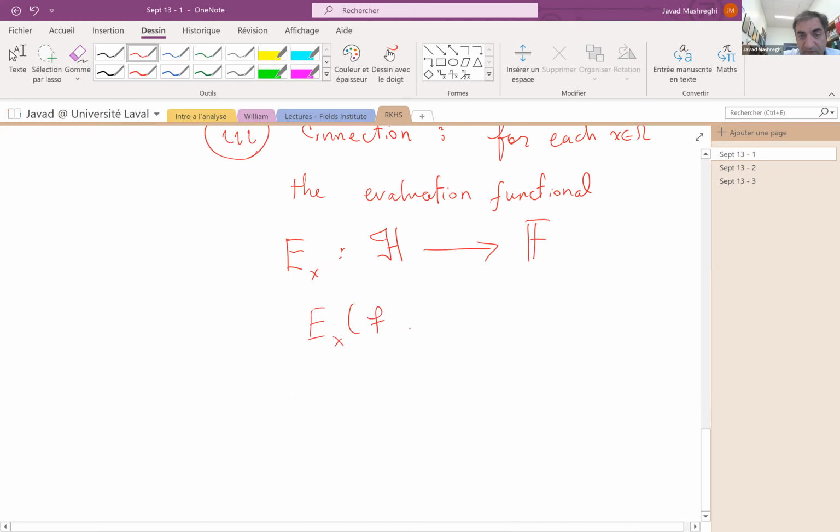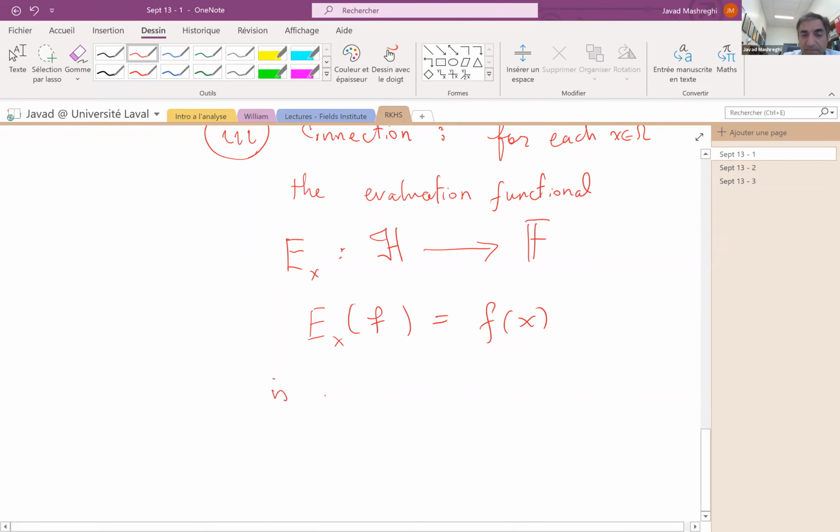E_x of f is defined as f of x. That is why it's called the evaluation functional. For sure, it is linear. That is kind of trivial. But absolutely, there is no clue that it has to be bounded or equivalently continuous. And it is not, indeed, in the general case. The third assumption says that this linear functional is continuous.